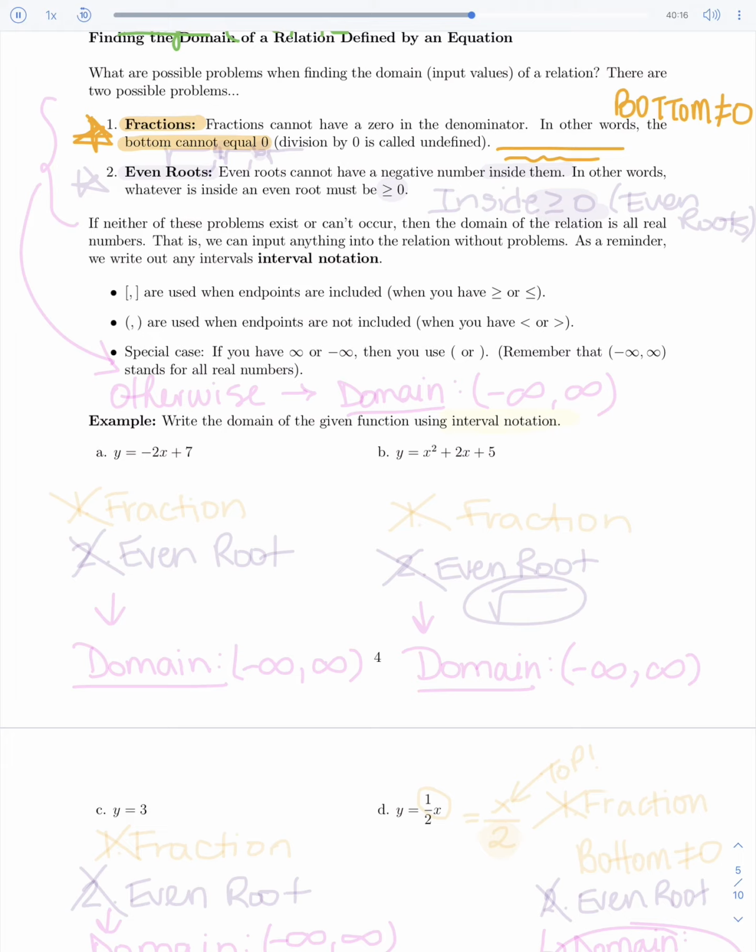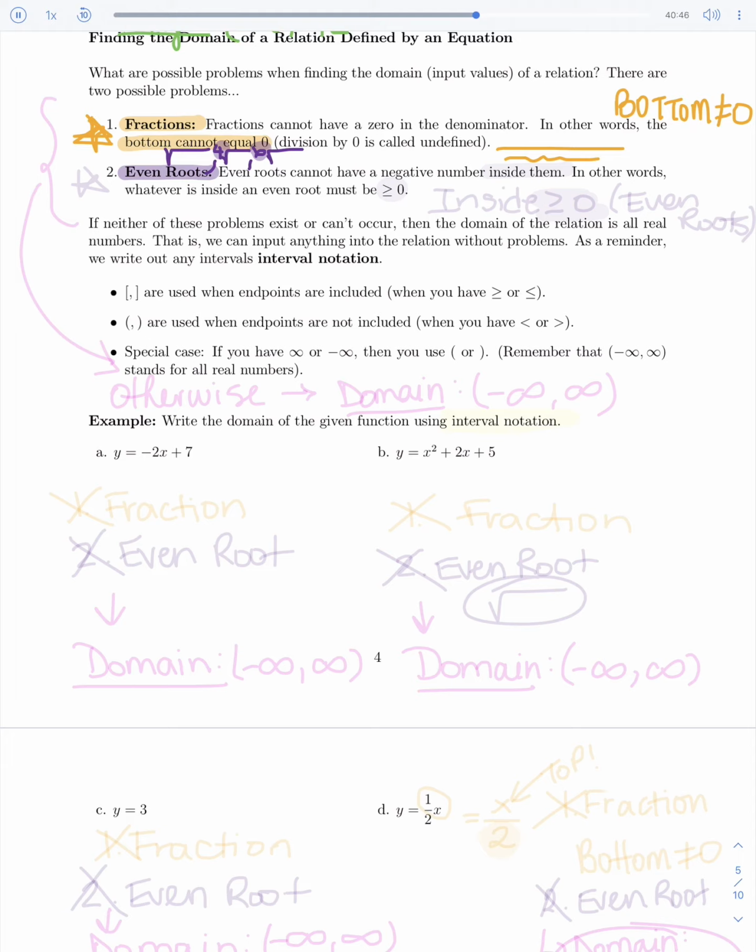The second problem that we're worried about is if we have an even root. What do we mean by an even root? Well, an even root would be, let's say, a square root, because there's a 2 on a square root, or a fourth root, or a sixth root. So notice by even, I'm meaning the number on the root, not what's inside of the root. Don't really care what's inside of the root, at least yet.